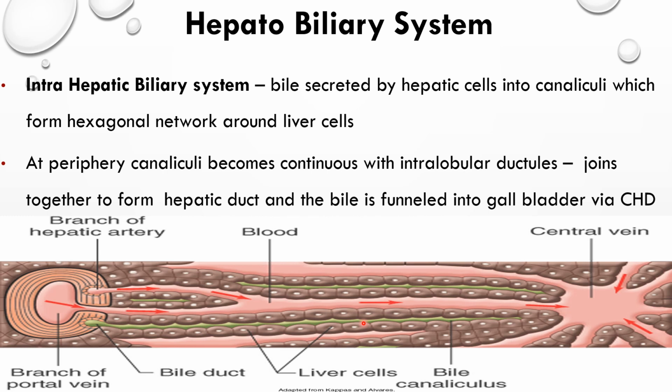Bile secreted from the hepatocytes into the bile canaliculi reaches the bile duct in the periphery. At the periphery, the bile canaliculi become continuous with the interlobular ductules. These join together to form the hepatic duct, and bile is funneled toward the gallbladder through the common hepatic duct. Remember, all the bile ducts together form the interlobular duct, and finally the hepatic duct.